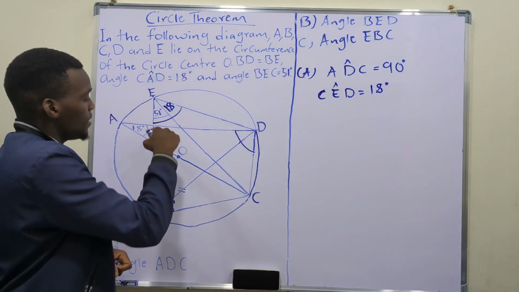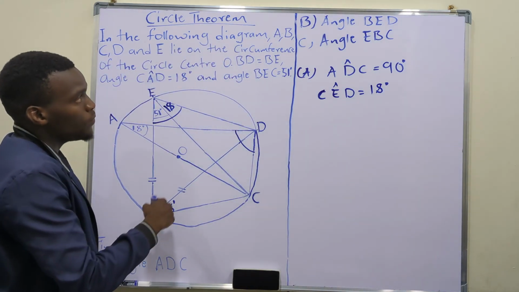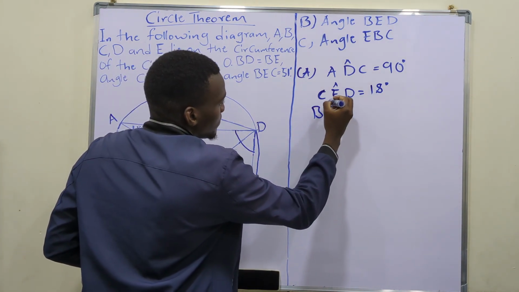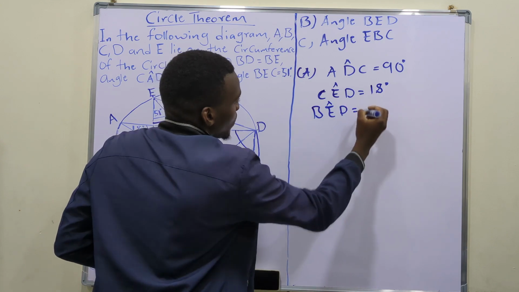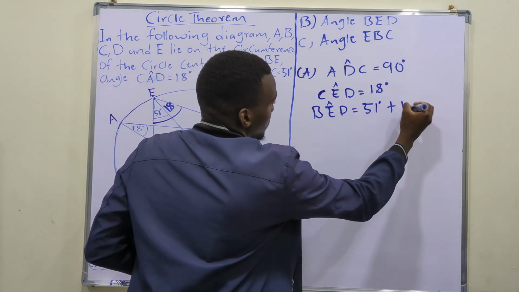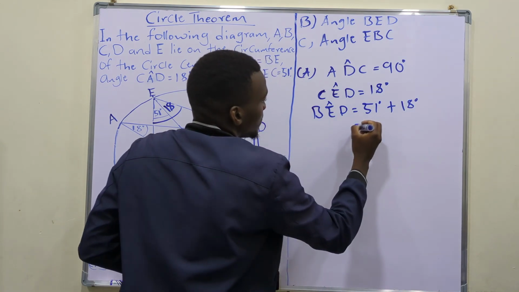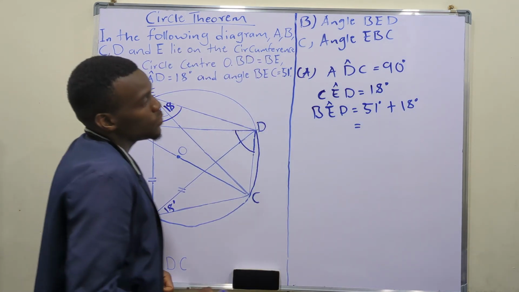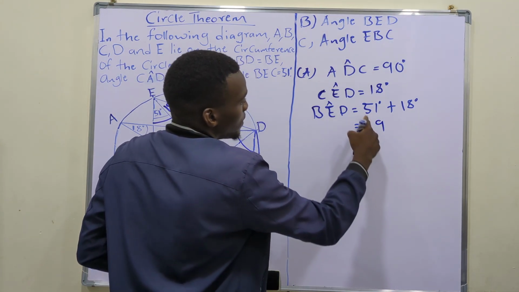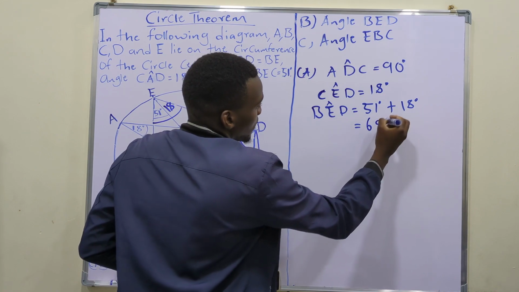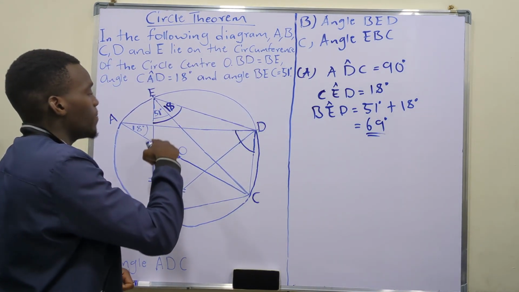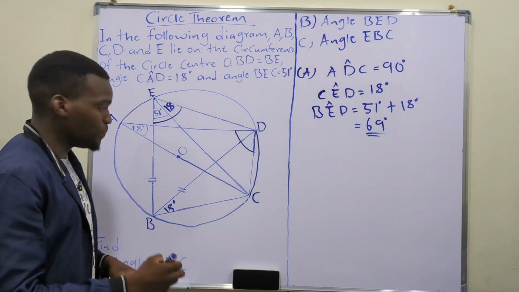And now the entire angle itself, which is BED, will be equal to 51 degrees plus 18 degrees. When we add these two, we get 1 plus 8, that is 9, and then 5 plus 1, that is 6, so 69 degrees. So 69 degrees is the angle BED.